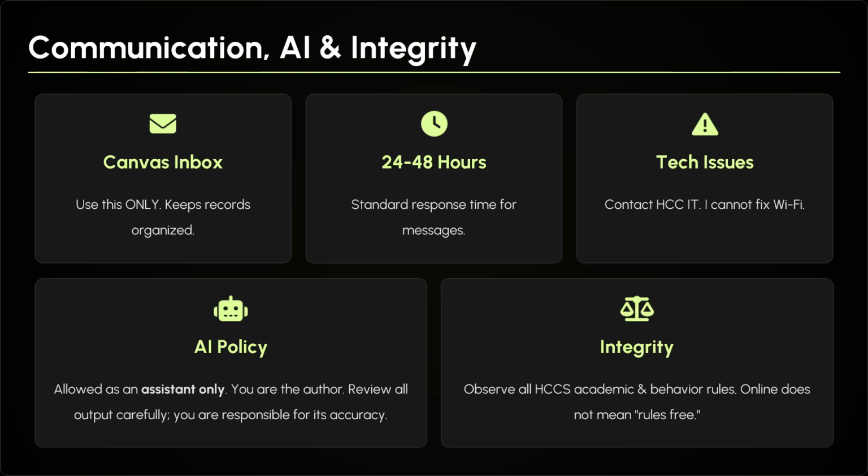And regarding AI, usage is allowed as an assistant only. You are the author. You must review all outputs carefully, as you are responsible for their accuracy. Finally, regarding integrity, observe all HCCS academic behavior and rules. Being online does not mean these rules do not apply to you.